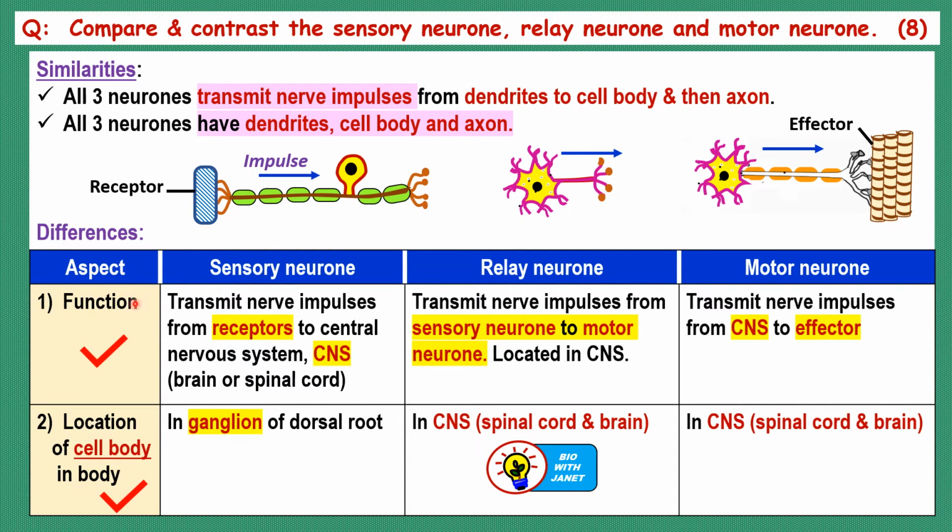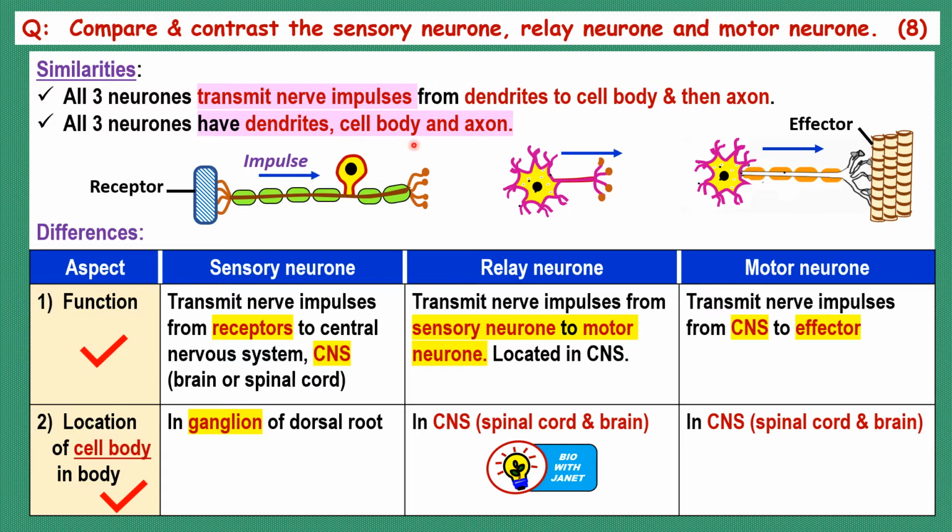Now let's look at the differences. From the aspect of function, the sensory neuron transmits nerve impulses from receptors to the central nervous system, such as the brain or the spinal cord.